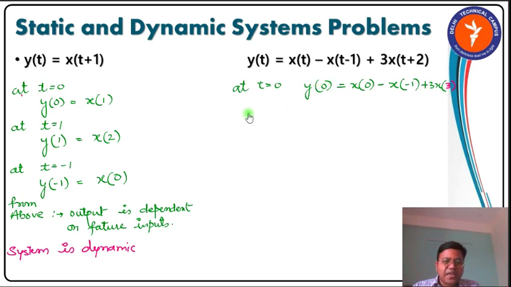So we can directly comment that the system is dynamic. Or this can also be concluded from here, that we have inputs which are time shifted. So this time shifting brings the dependence of output on the past as well as on the future. Let us proceed further.